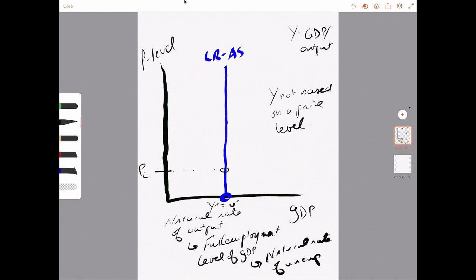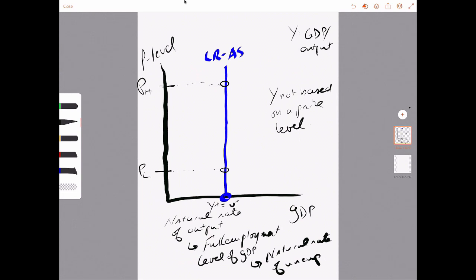Well, we're on the natural rate of output. We're on that long run aggregate supply curve, and so our output is the same whether price is low or whether price is high. We produce the same amount of output. Price doesn't matter in the long run. We can have high prices, we can have low prices, but the long run aggregate supply curve isn't going to determine the price level. It only tells us what the natural rate of output is.